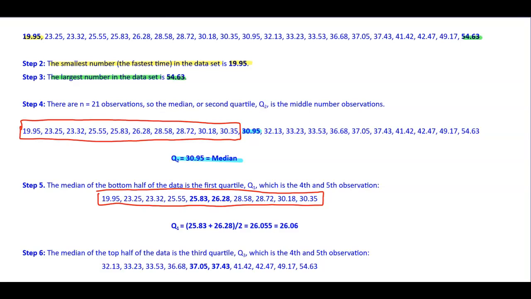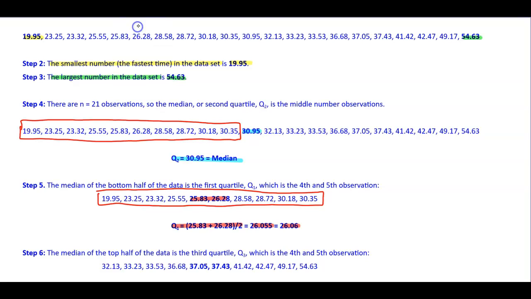What are the number of observations in the bottom half? Well, we have 1, 2, 3, 4, 5, 6, 7, 8, 9, 10. So we take the 5th and 6th numbers, the two middle numbers, and divide by 2 to get 26.055, which we round to 26.06. So now we have Quartile 1.